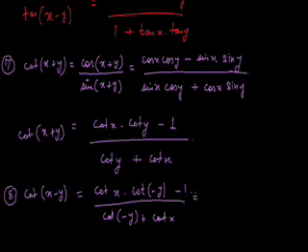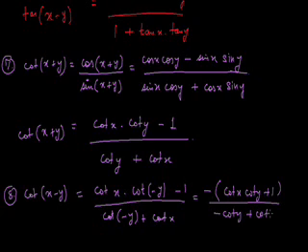So if you take the minus sign out, because cot of minus y is equal to minus cot y, it will become minus cot x cot y plus 1 whole upon minus cot y plus cot x. Multiply this minus sign in the denominator, you will get cot x cot y plus 1 whole divided by cot y minus cot x.